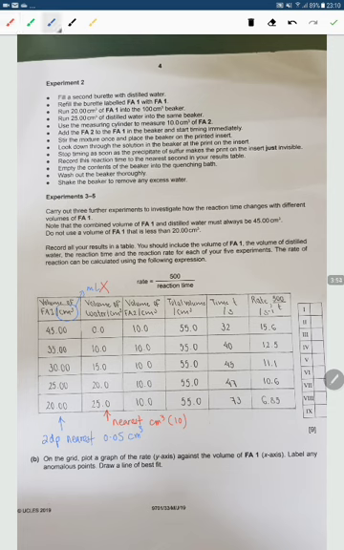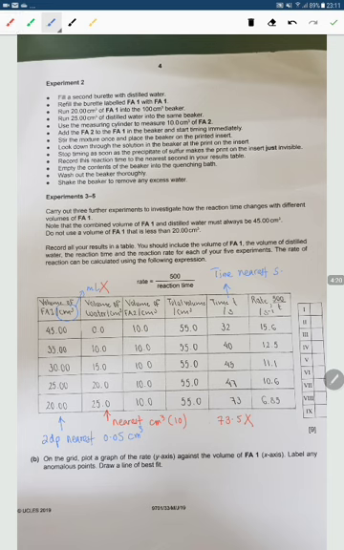The time was noted using a stopwatch, and time should be noted every time to the nearest second. So remember this. If a candidate is writing 73.5, for example, this would be a mistake. Time should be to the nearest second.